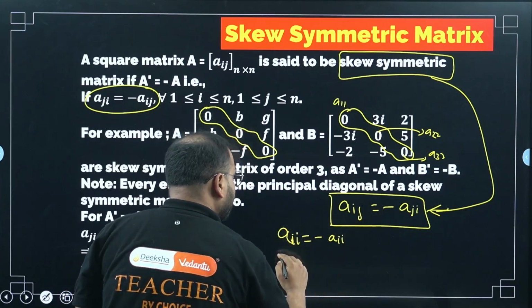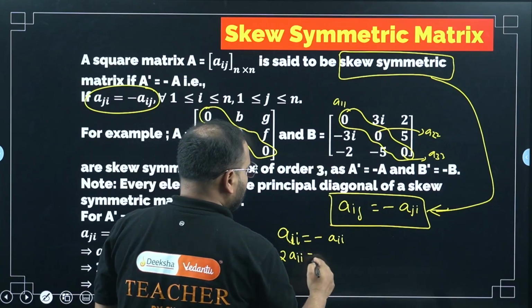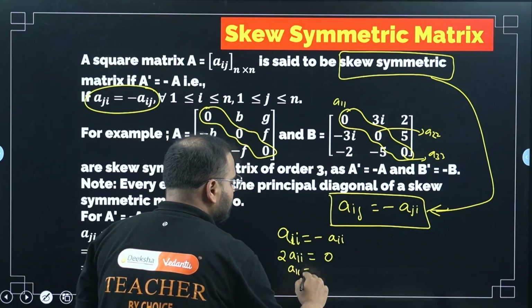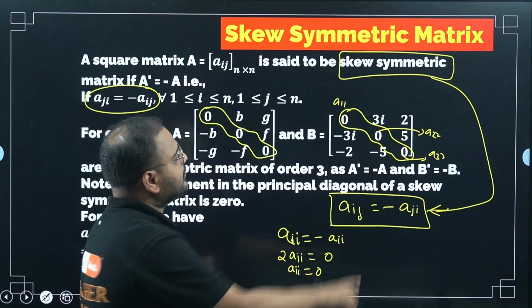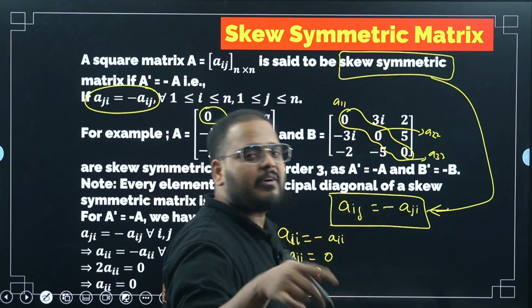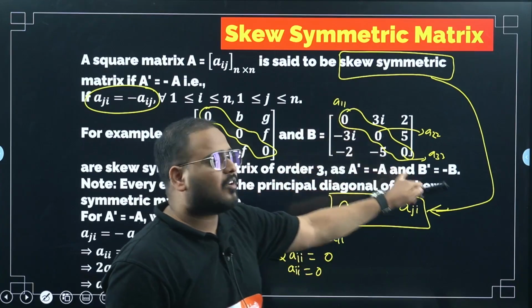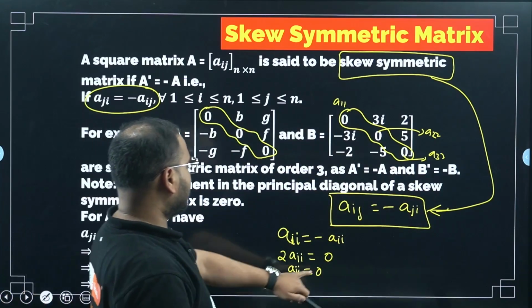If you bring it here, it will become twice of Aii equal to 0. Now bring the 2 to the other side. What you get? Aii equal to 0. So whether you take A11, it will be 0. A22, 0. A33, 0. Whatever value of i you take, for the skew symmetric matrix, the diagonal will always come as 0 only.